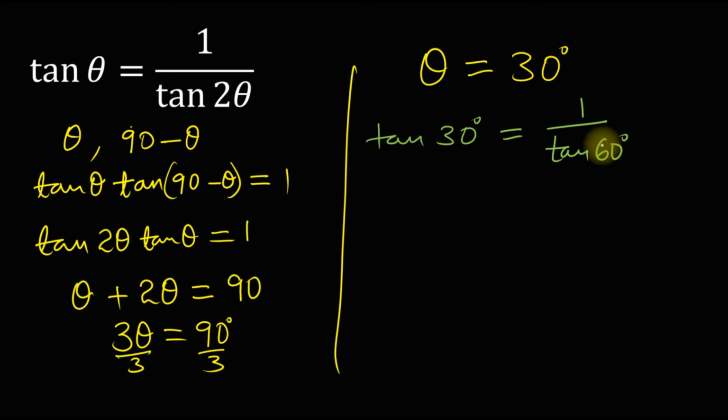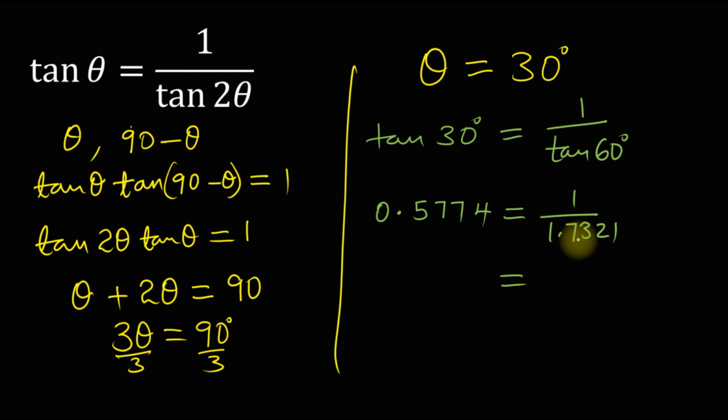Therefore, if we just use a calculator, tan 30 degrees will be equal to 0.5774, and 1 over tan 60 is 1 over 1.7321, the same as getting its reciprocal.